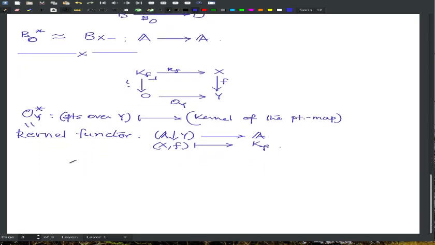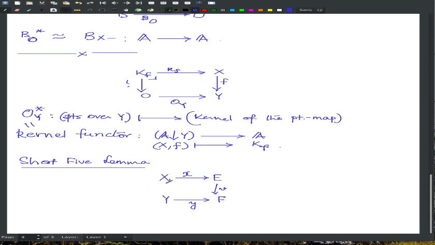Now what is the short 5 lemma? It says that suppose you take a map like this, say y, x, v, and you take the kernel.